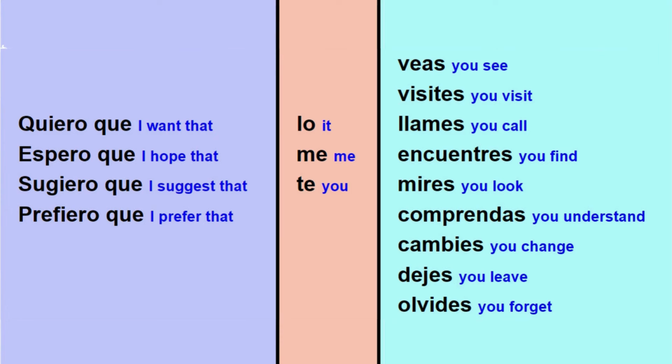So they just kind of switch around. And then you see is veas, which kind of works as well. Okay, so veas, you see, visites, you visit, llames, you call, encuentres, you find, mires, you look, comprendas, you understand, cambies, you change, dejes, you leave, and olvides, you forget.